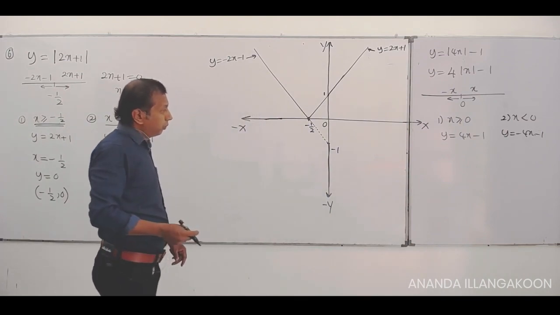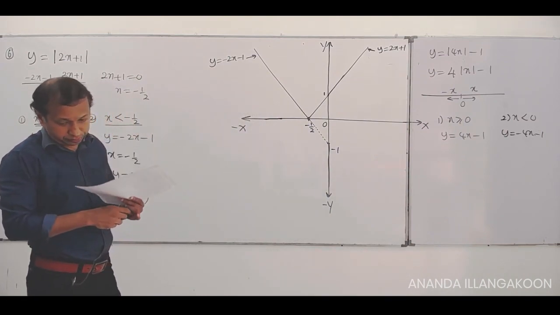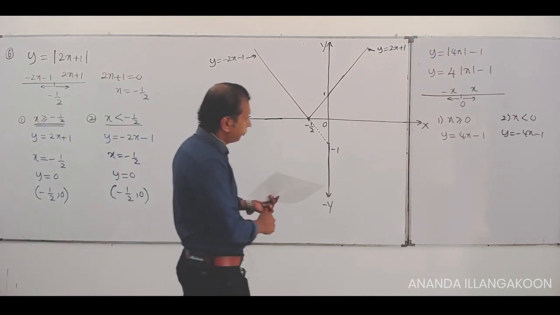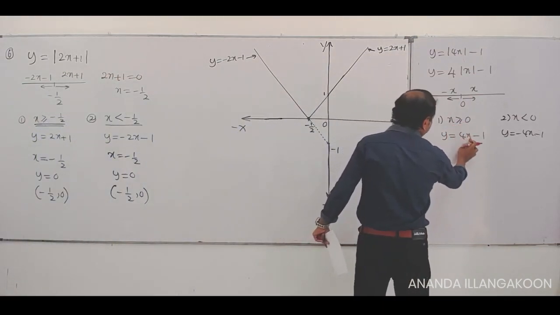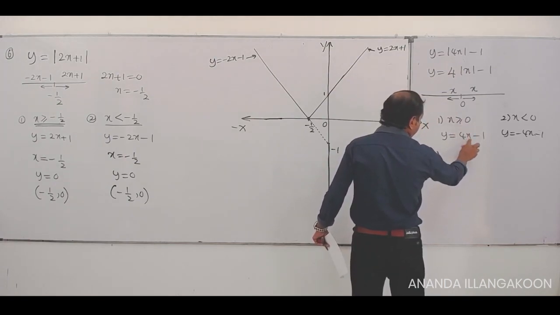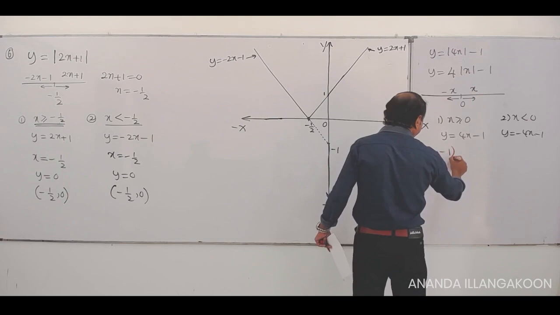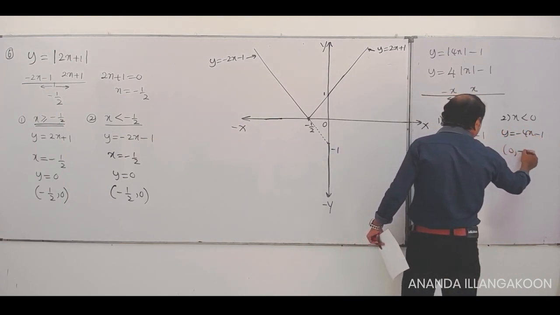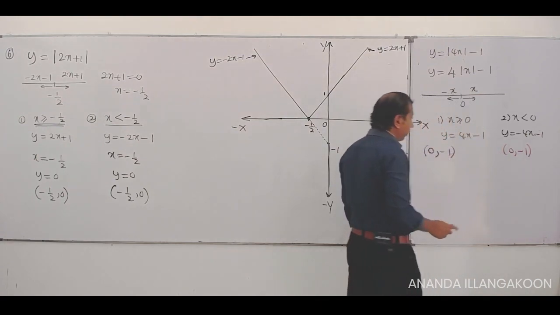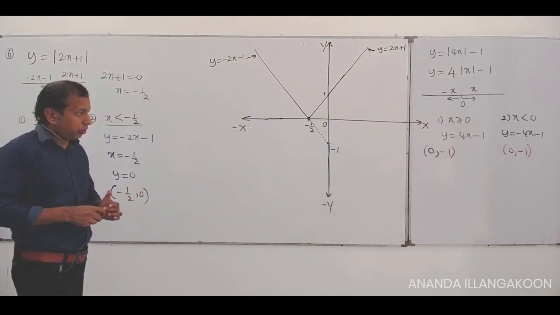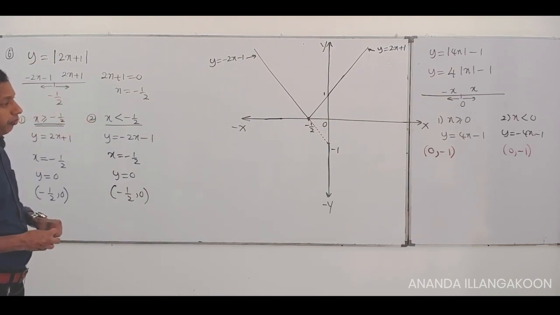Now we have to draw those two lines too. Here, x equals 0 we must definitely put to find one point. When you put x equals 0 here, y is minus 1. Here also, the same way, x equals 0 brings y minus 1. The point 0, minus 1 is 1 point to draw both lines, right?